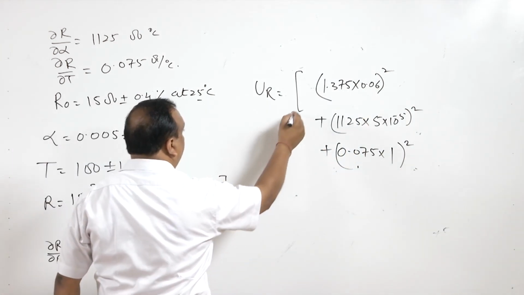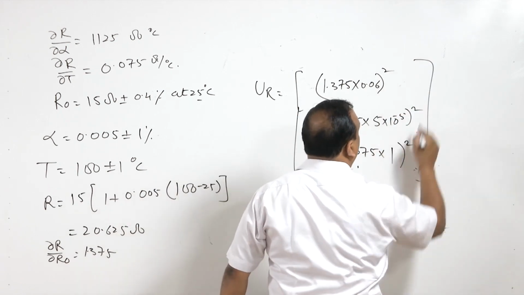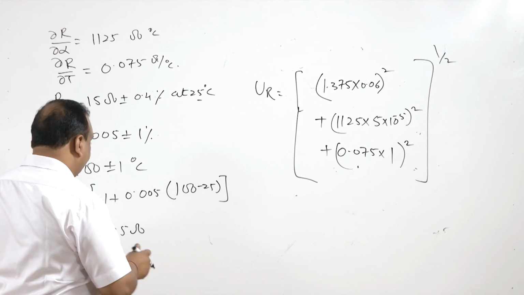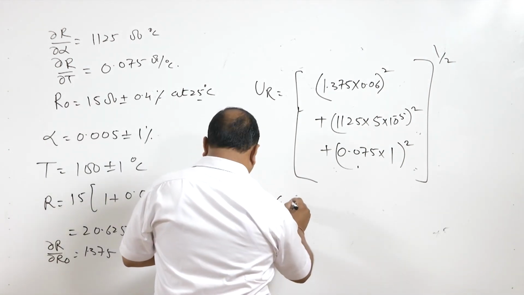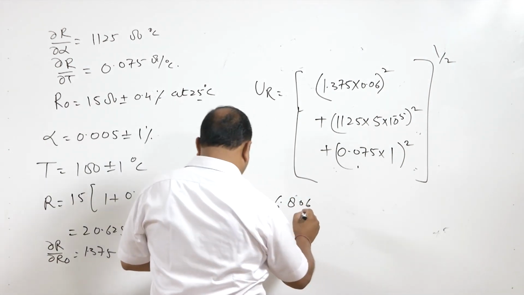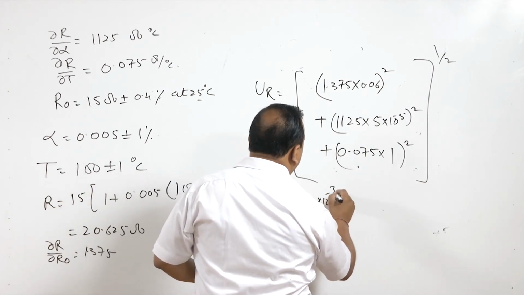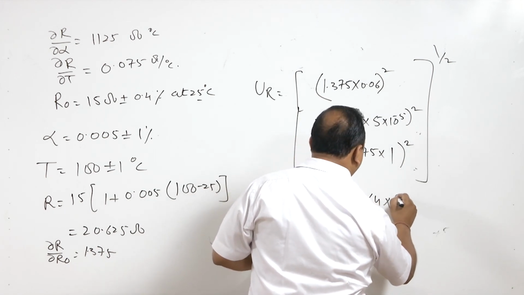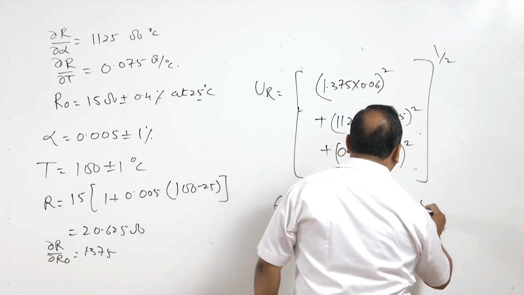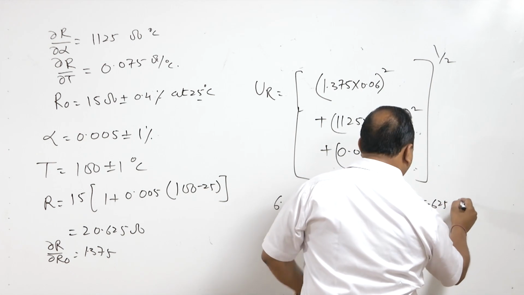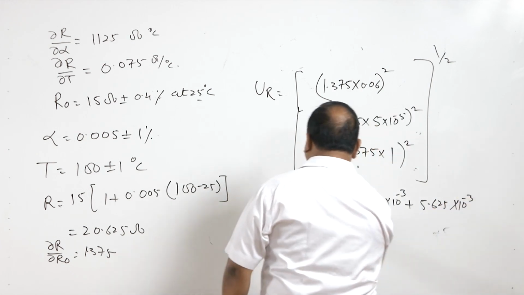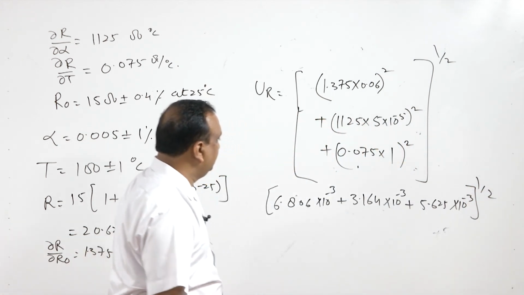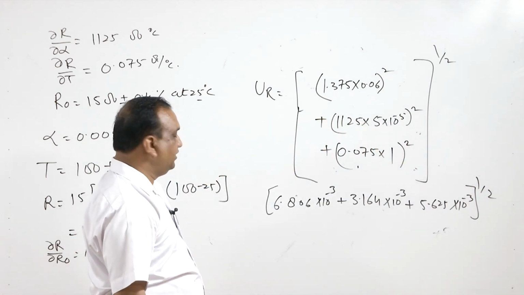So, this is going to be like this. Now, this value is 6.806 into 10 to power minus 3 plus 3.164 into 10 to power minus 3 plus 5.625 into 10 to power minus 3 raised to power 1 by 2, right.